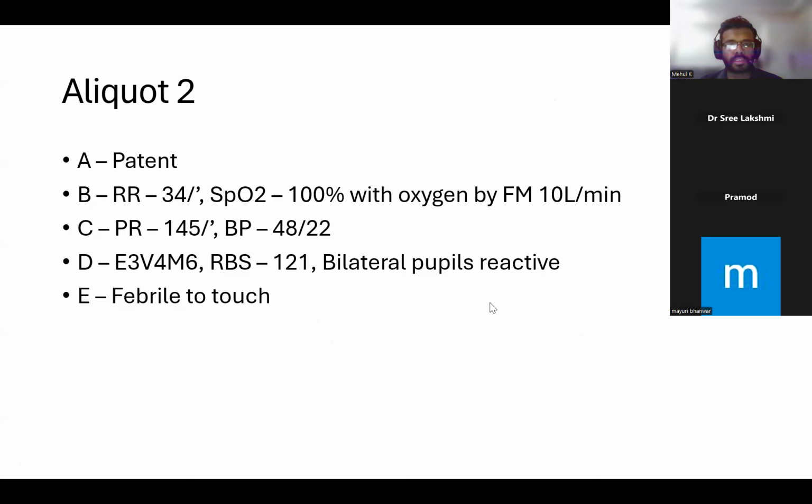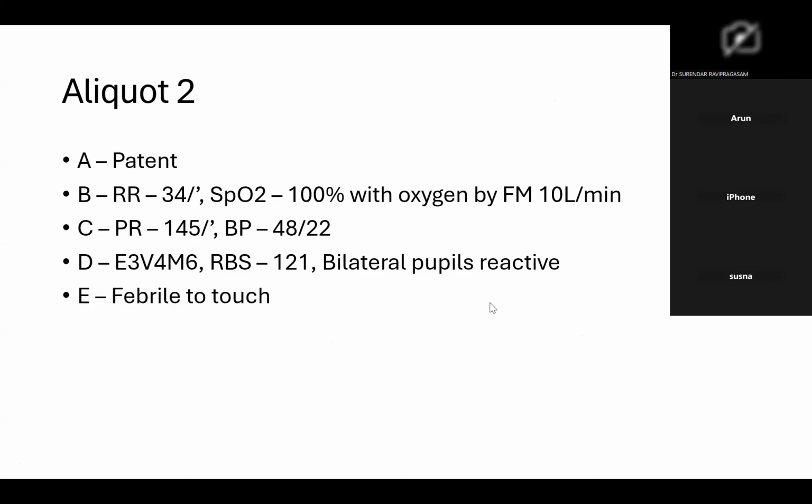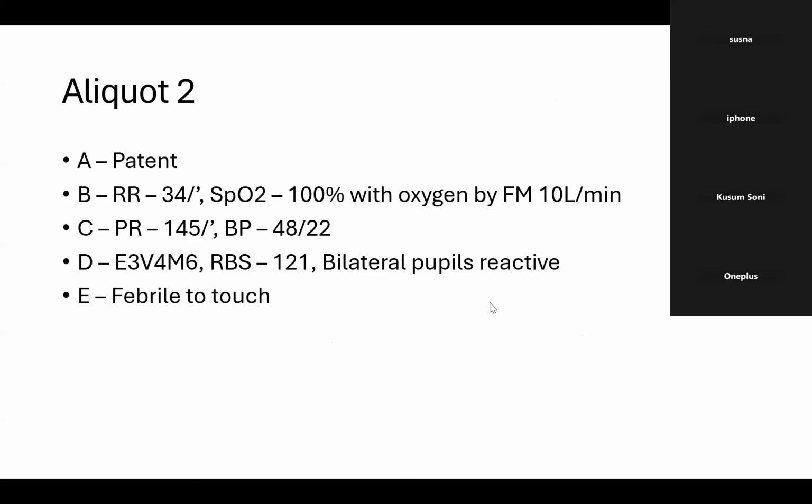If you don't feel like speaking, you can just type it out also. Do you think this is a false reading because peripheries are warm?